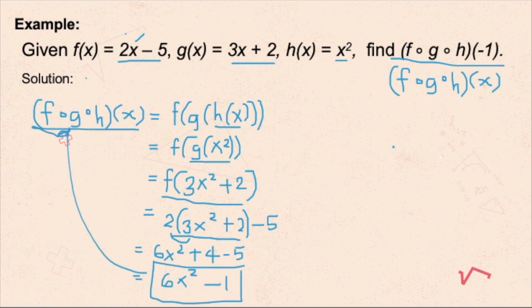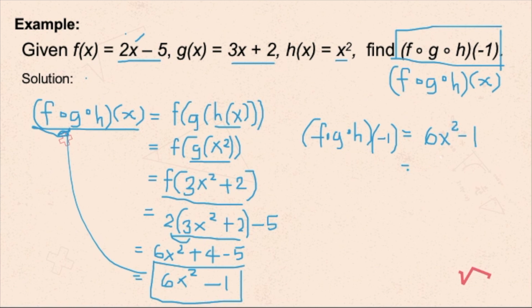Now that we have f of g of h of x, we can solve f of g of h of negative 1 by replacing the x in our answer with negative 1. So 6x squared minus 1, substitute negative 1 to x. This will be 6 times the quantity of negative 1 squared minus 1. Negative 1 squared is 1. So 6 times 1 minus 1 would be 5. So this is now the answer in this problem.